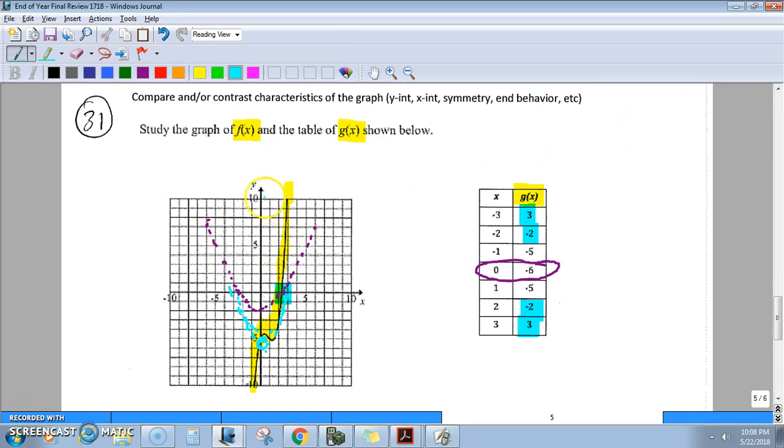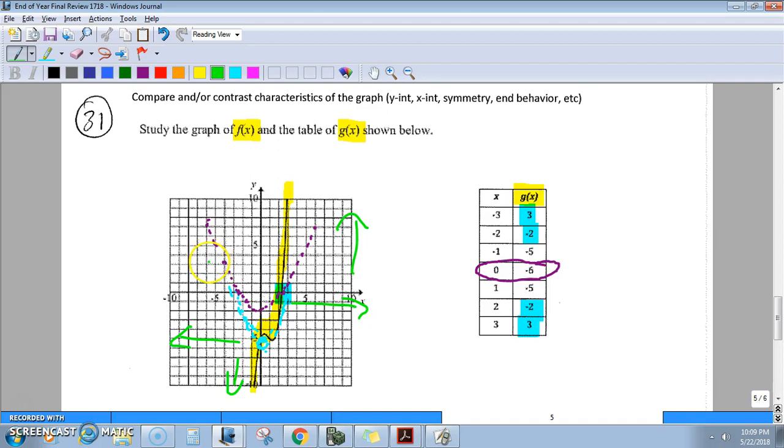End behavior. The end behavior of f of x, the yellow line, as x is getting smaller, like this, it's going negative, right? And as x is getting bigger, it's going positive. So the ends of the yellow line are doing opposite things. So the end behavior of f of x, as x goes positive is positive, as x goes negative is negative.